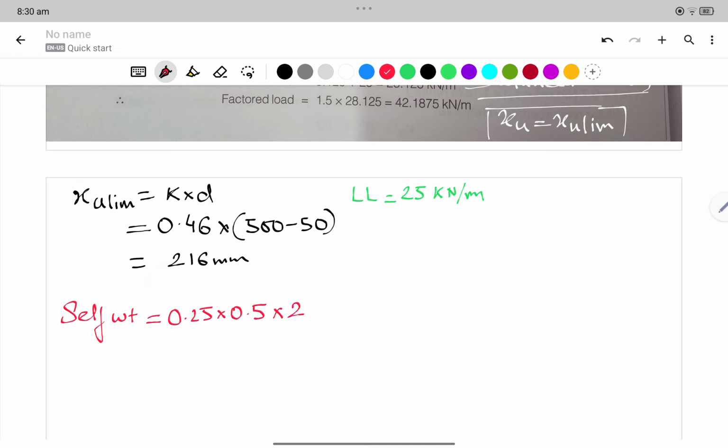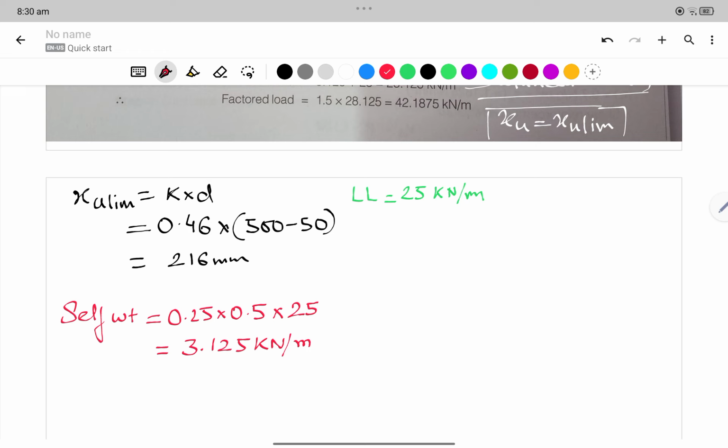You can get these values in IS 875 part 1. The unit weight of brick, the unit weight of RCC, the unit weight of cement, you can get it in IS 875 part 1. So the value is coming to 3.125 kilonewton per meter.